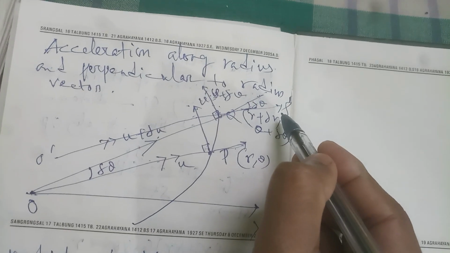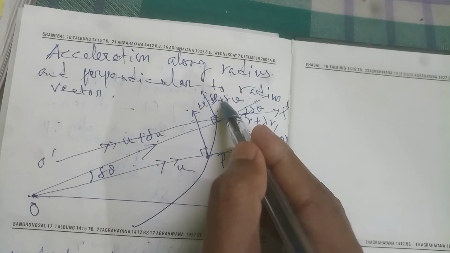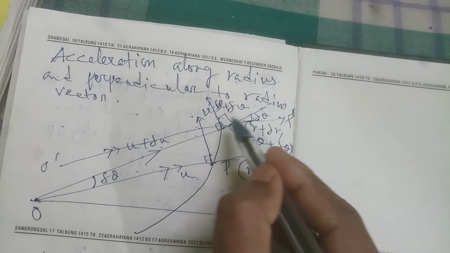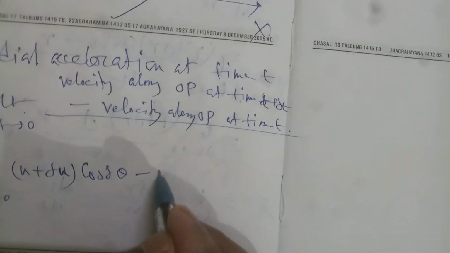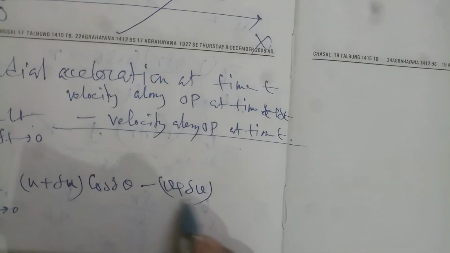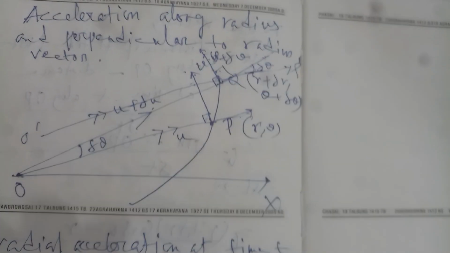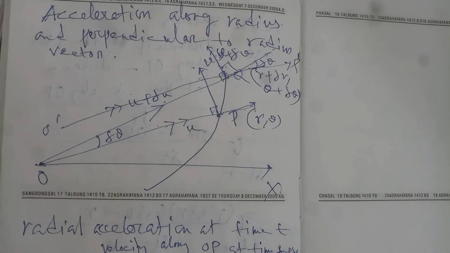Projecting v plus delta v along O dash P dash, the angle is 90 plus delta theta, so it will be minus (v plus delta v) into sin delta theta. Now again, we have calculated the velocity parallel to OP at time t plus delta t.